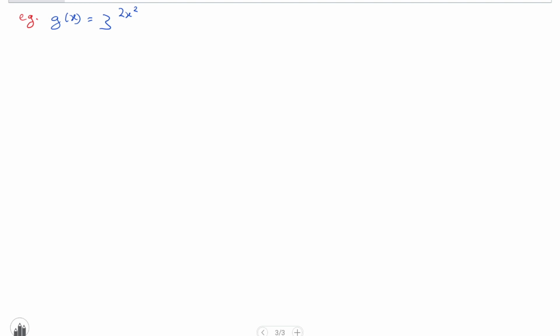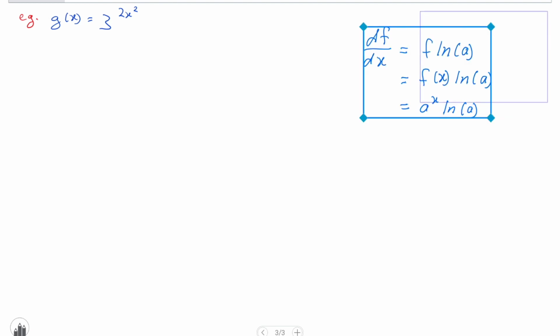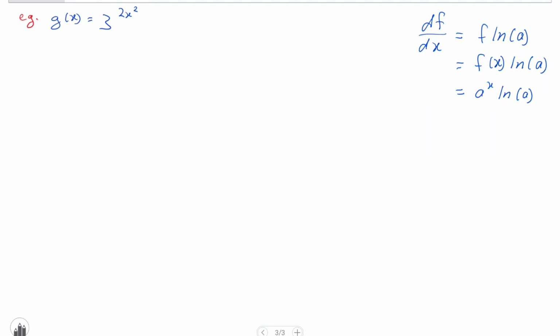Now, I hope that you've had a go at this question yourselves. So, in this case, what do we have? Let me put that back over here just so it's visible. Now you can see we're going to need to use the chain rule. There's no way around it, right? So we are going to let u be equal to 2x squared.